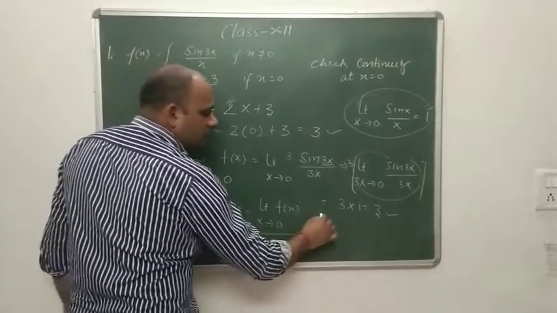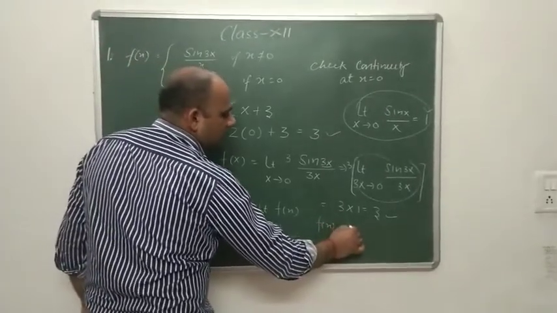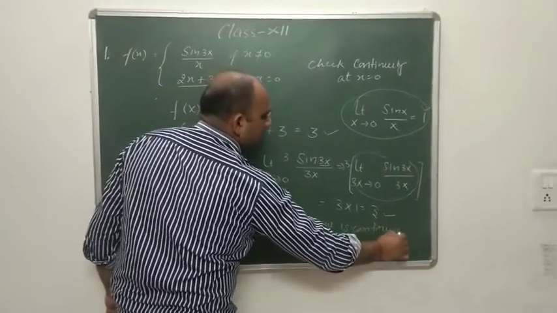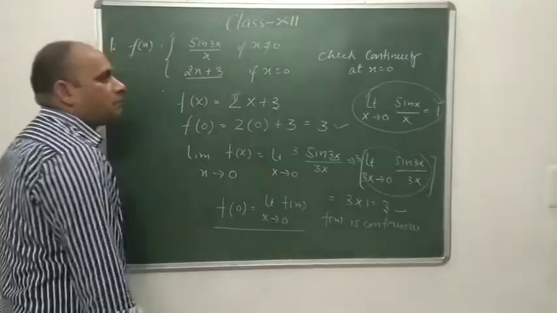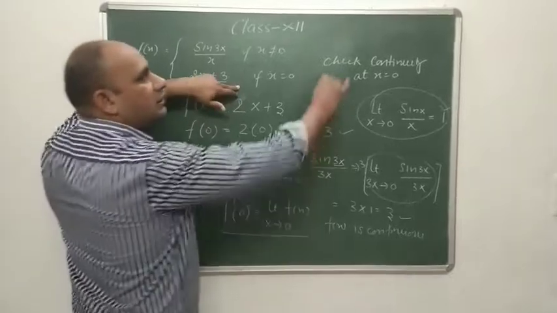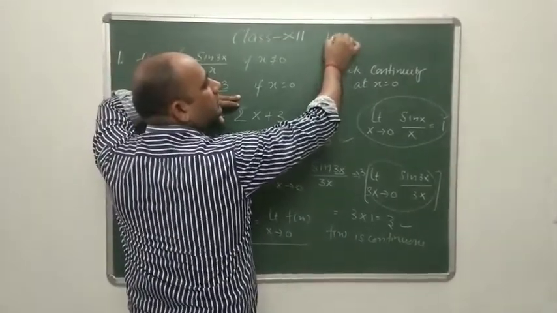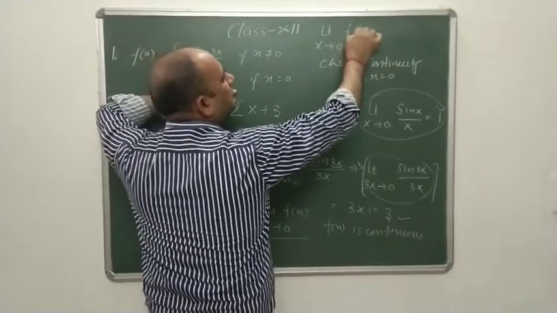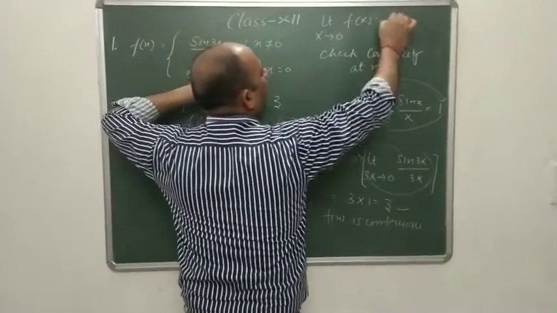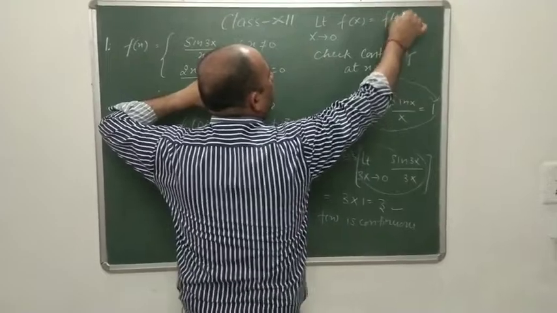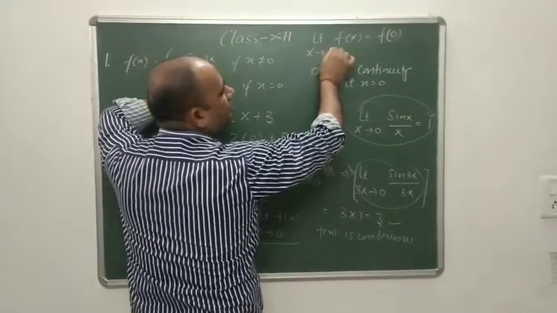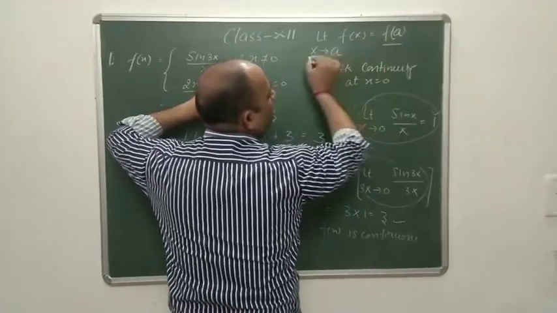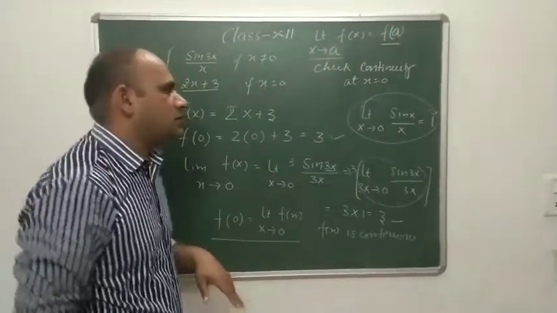Therefore the function is continuous, because we have a property for such a condition: if limit x tends to a of f(x) is equal to f(a), then the function is continuous.